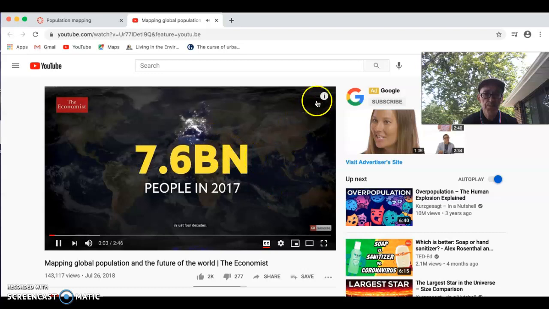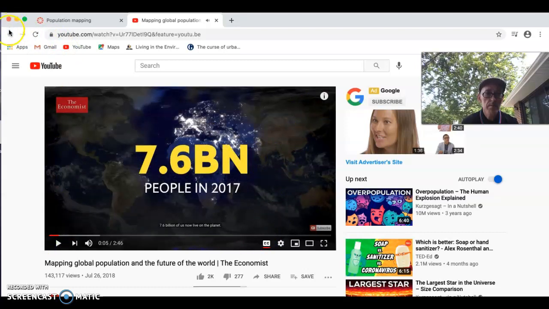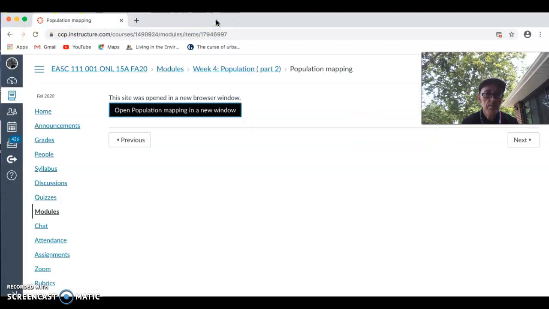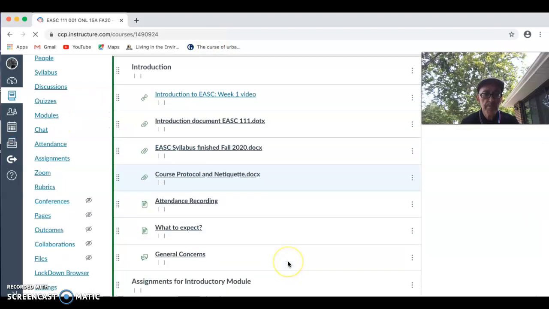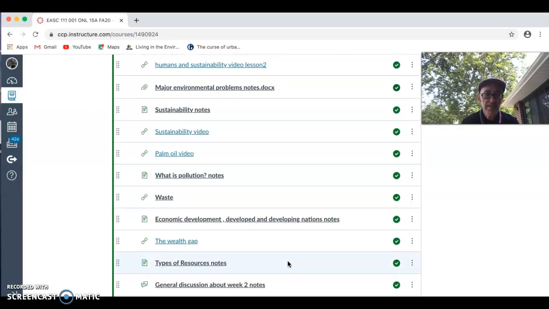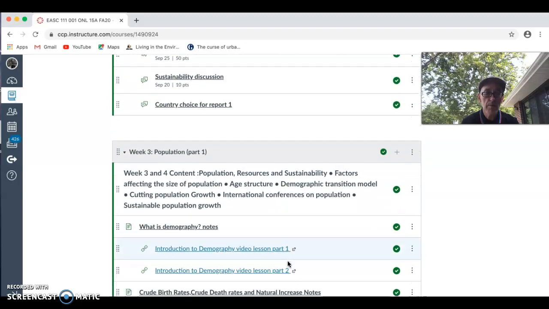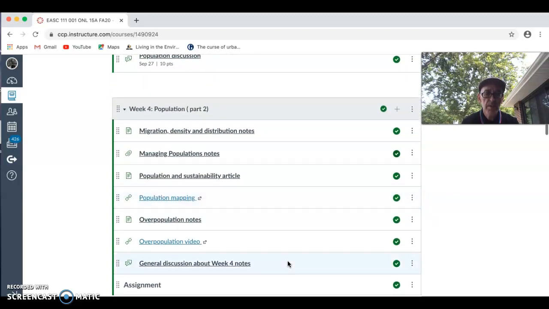It has doubled in just 4 decades. And once you've done that, take some ideas for your report from it. Once you've done that, also look at overpopulation notes.